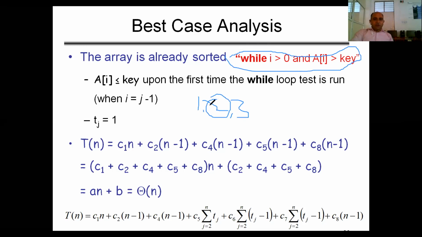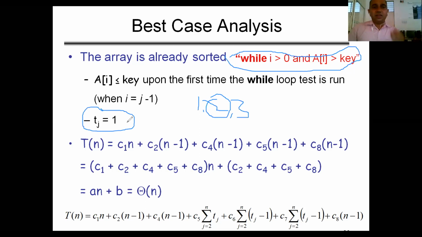This condition will be false, and then the body of the loop will not execute. So in this case, my value of tj will be 1, because the loop is executing one time.